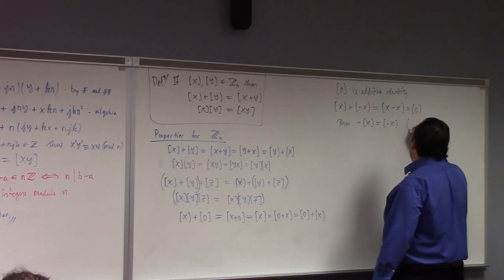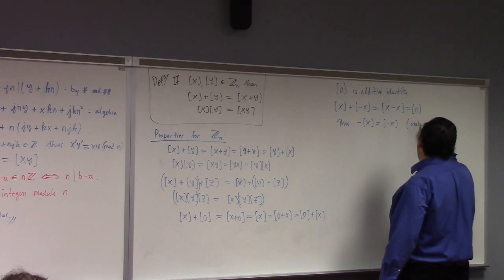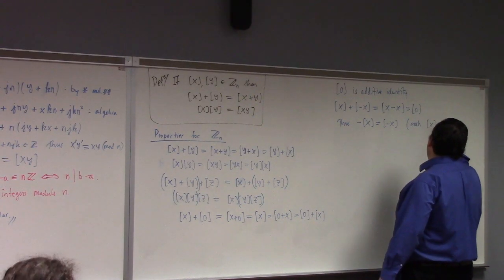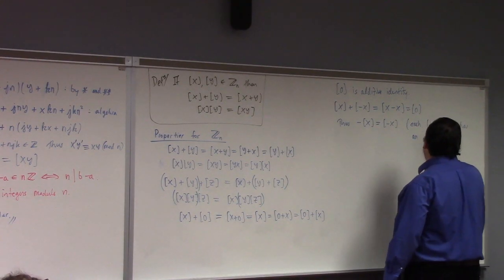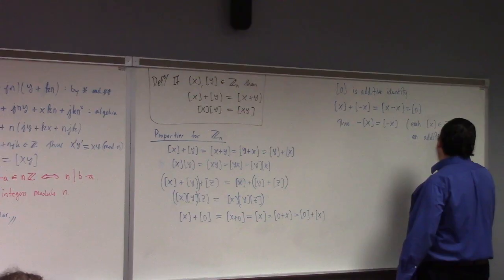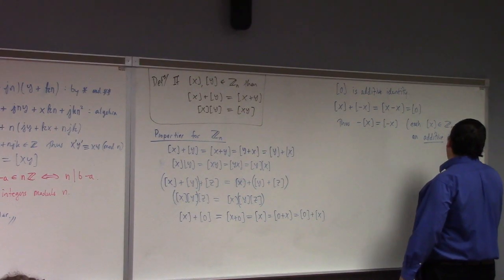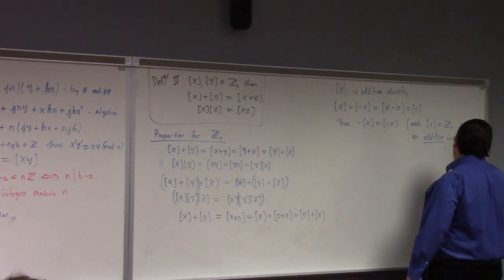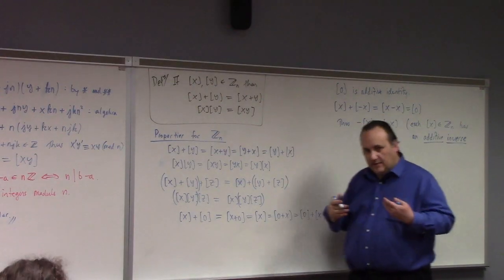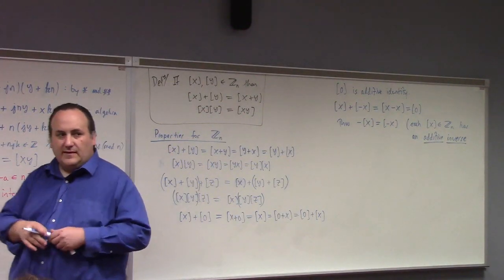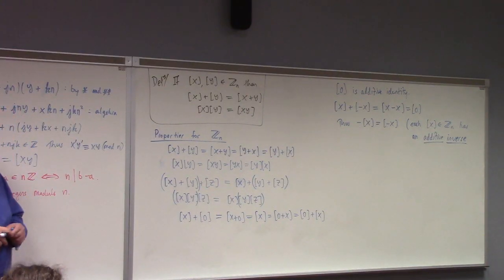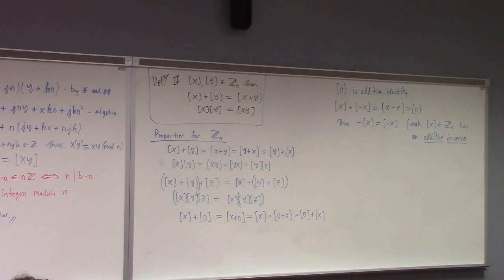Each x in Zn has an additive inverse. What's an additive inverse? An additive inverse is when you find an element that you can add to the number that you have, and you get back to the 0 of your set. So everything in Zn, every last one of them, has an additive inverse.